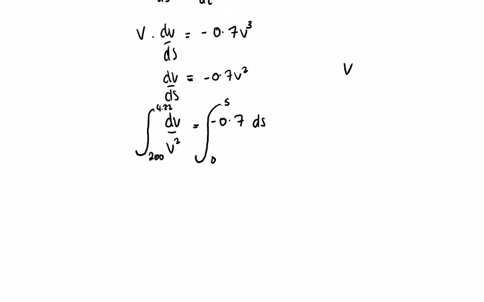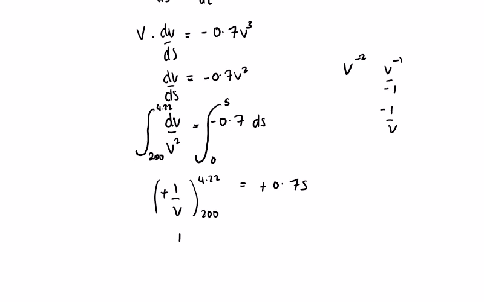So if I integrate v to the power of minus 2, I'm going to get v to the power of minus 1 over minus 1, which is minus 1 over v. So minus 1 over v between 4.22 and 200 is equal to minus 0.7 s. I can multiply across by minus 1.